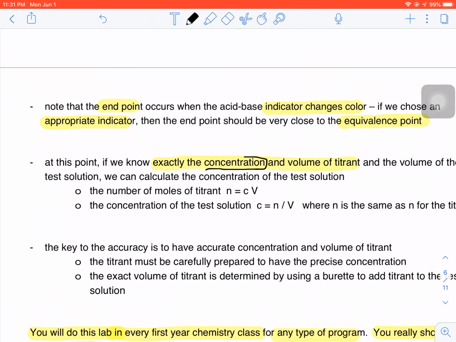This piece is pretty easy. The purpose of today's lab is to figure out how much titrant I need to add. Once I know the volume of titrant and its concentration, I can figure out how many moles of titrant there are, and then how many moles of the chemical we're testing, which is called the analyte.